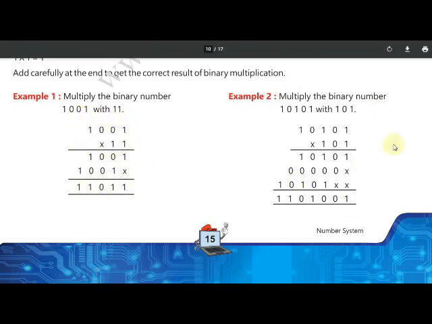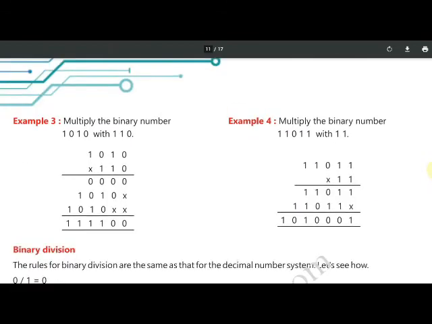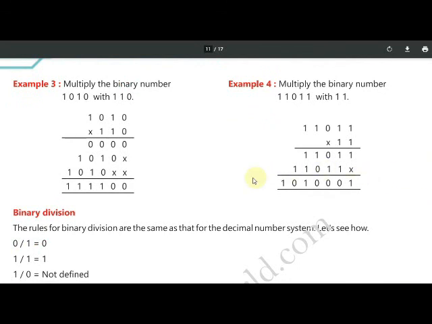And for the second one, we have to use the same method which we used to calculate the multiplication of the given binary numbers in example 1. We have two more examples.